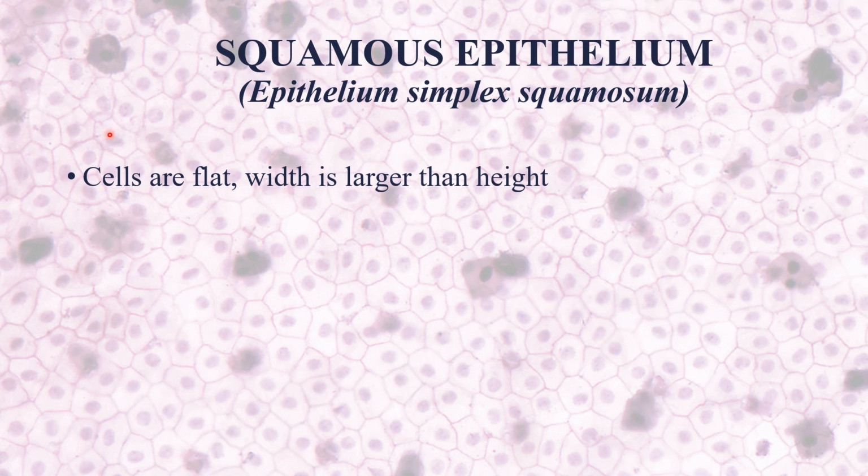These cells are very flat, which means that width is larger than height. You can think of it as a rigid pancake. That first pancake that doesn't turn out very great, but regardless, it's flat. And the sides, as I already said, are rigid or uneven. You can tell that these cells are very imperfect in shape.